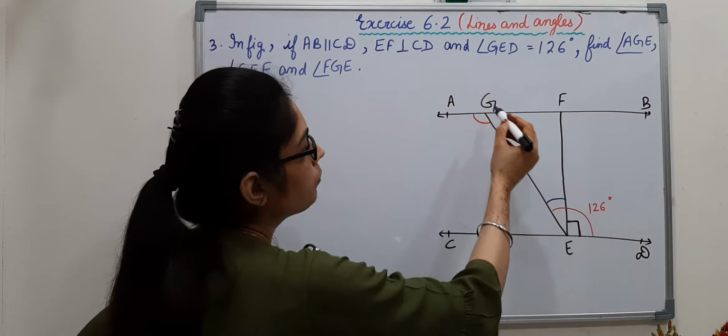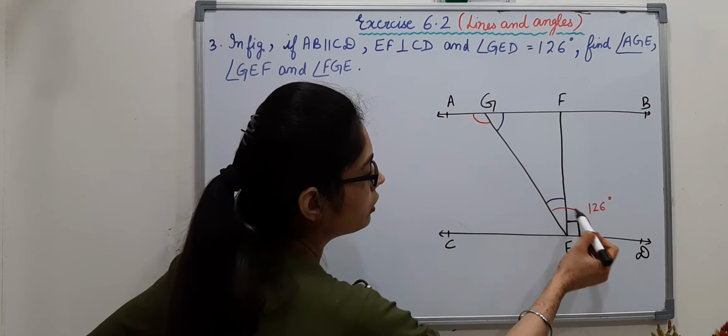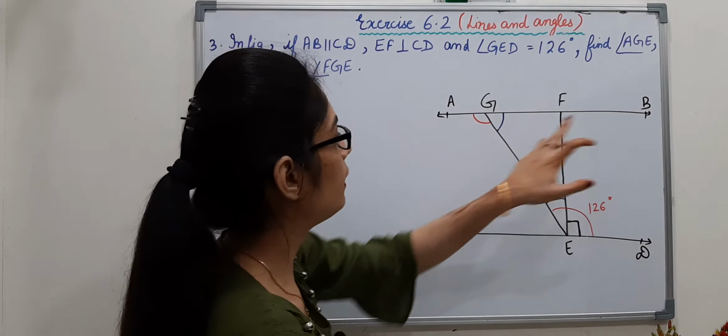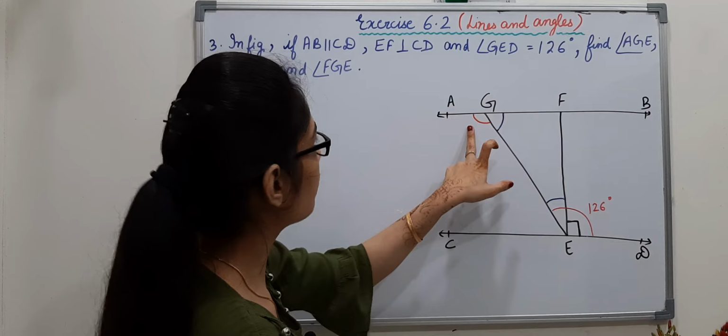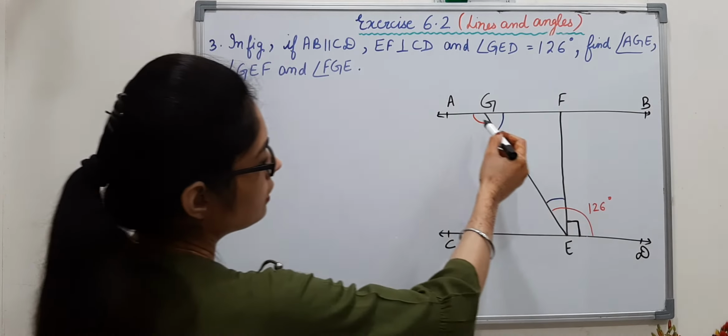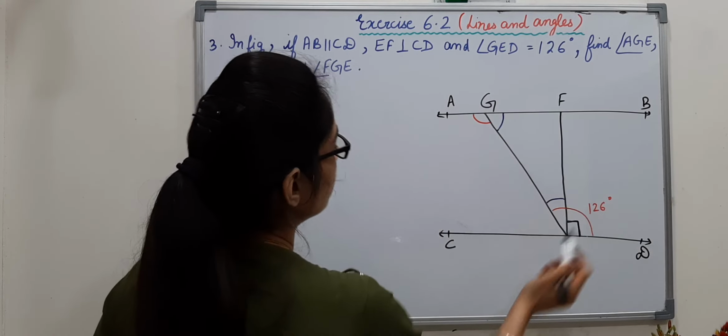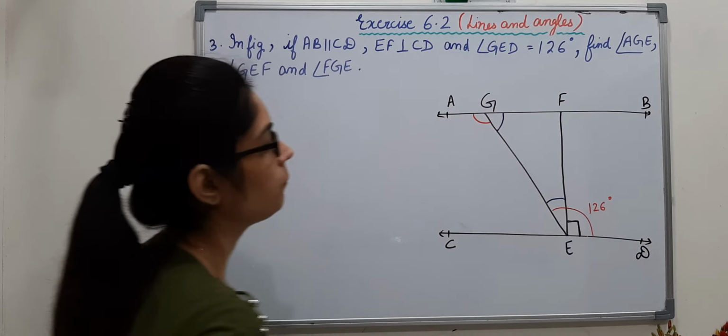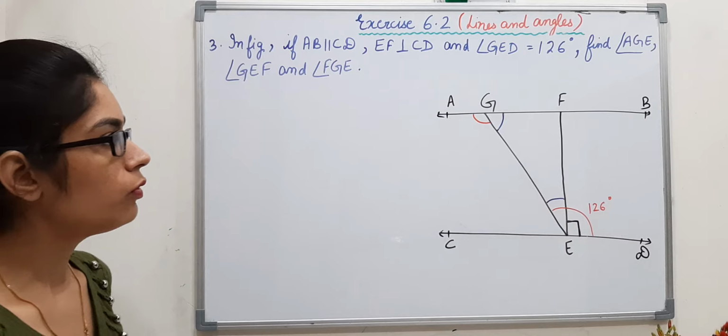Angle GED, I have mentioned, this is equal to 126 degrees. So we have to find angle AGE, this angle, GEF, this one, the inner one, and angle FGE, this angle. So these three angles we have to find.